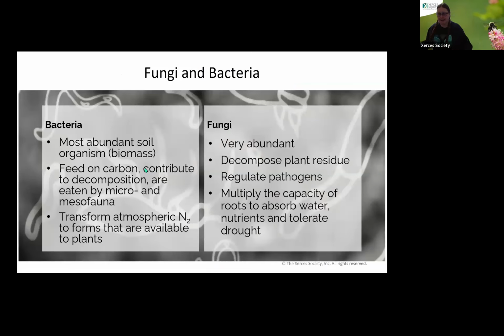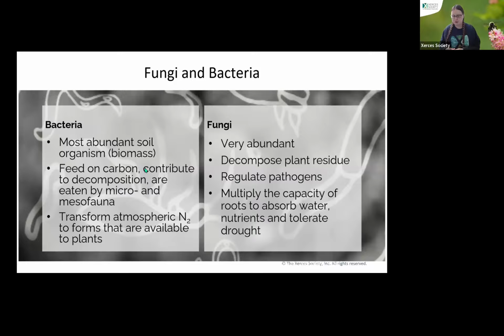So when we look at that bottom of that pyramid, fungi and bacteria, of course, are critical. Bacteria are the most abundant soil organism by biomass. They feed on carbon, contribute to decomposition, and are eaten by micro and mesofauna. So part of that food web again, the soil food web. They also transform atmospheric nitrogen to forms that are available to plants.